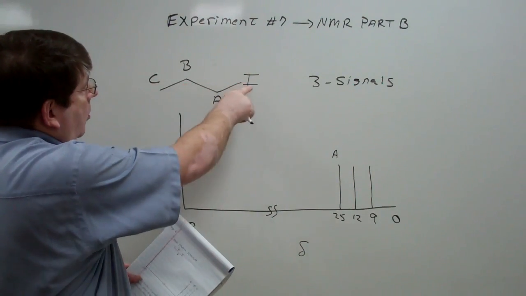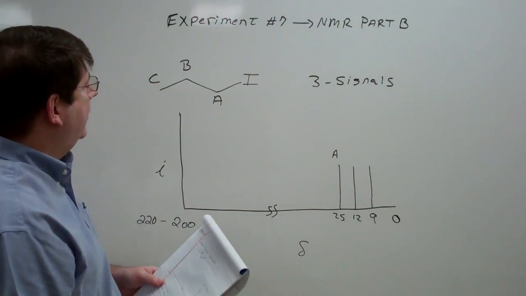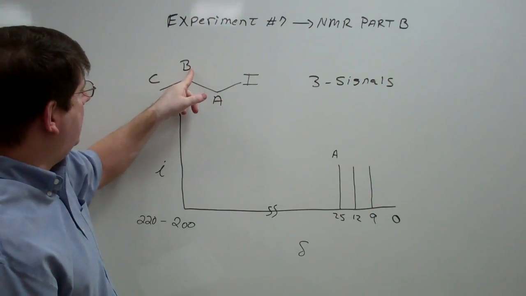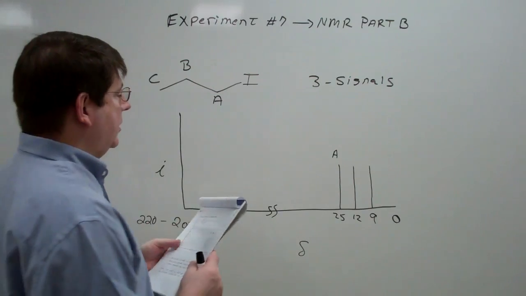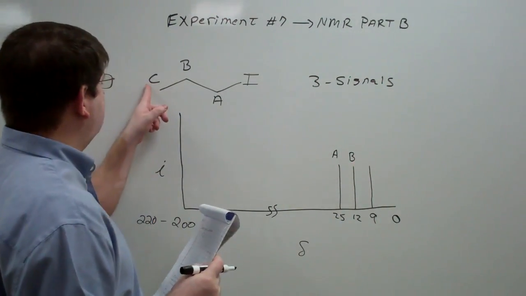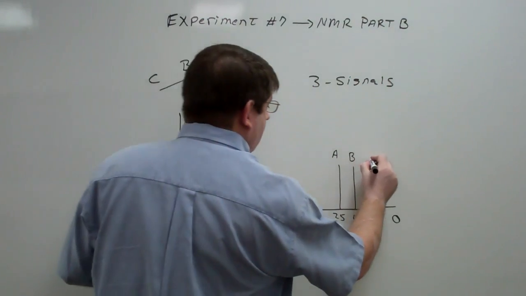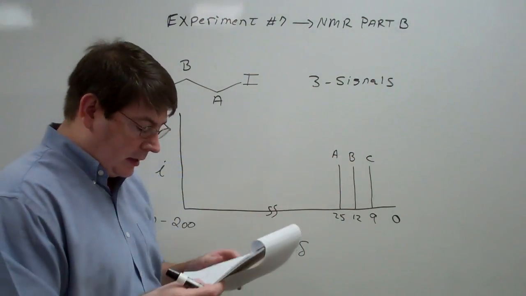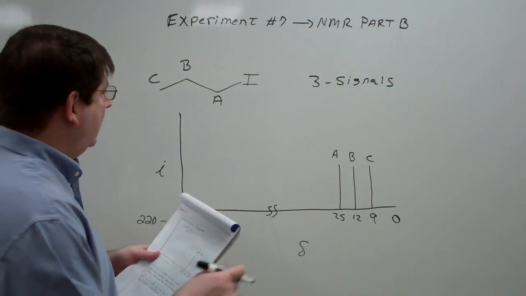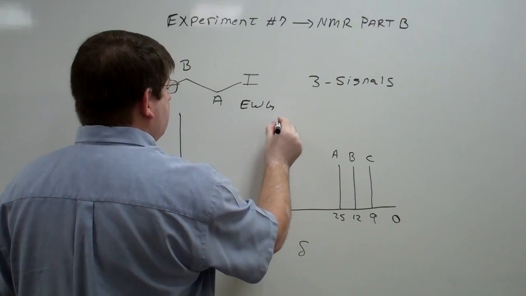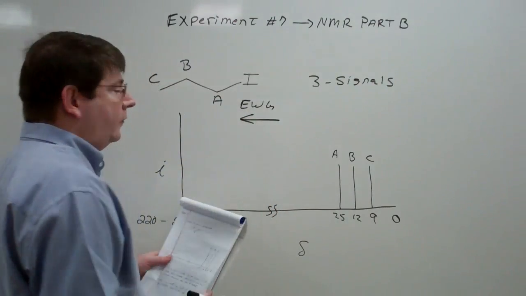B is further away from the electron withdrawing iodine, but it's closer than C. So we would expect B to be the next furthest downfield. And then we would expect C, of course, to be the furthest upfield. So we've got our 3 signals, A, B, and C. And anytime you have an electron withdrawing group, that's going to pull the signal in the downfield direction.